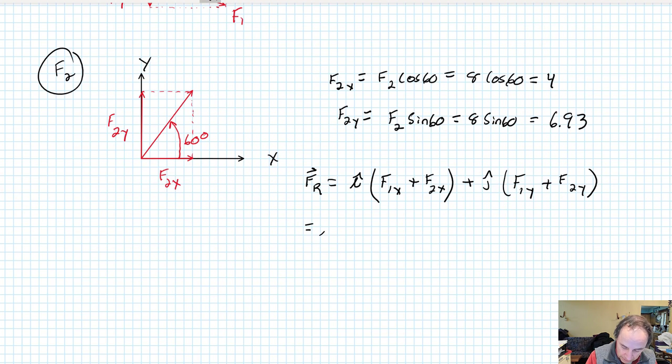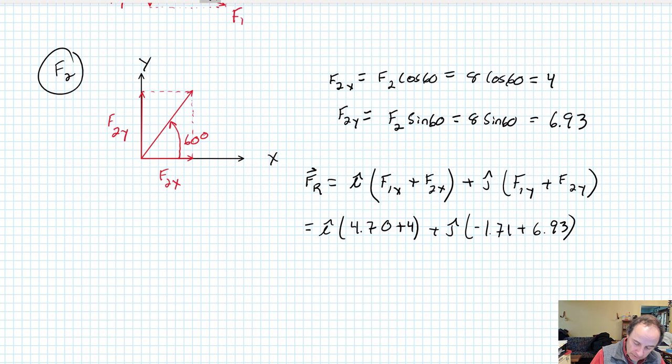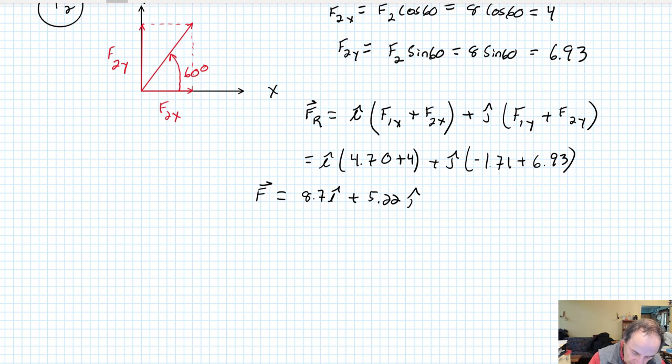And then I've got all those numbers, so I just fill them in: 4.7 plus 4, and negative 1.71 plus 6.93. So F_R, when we add that up, is 8.7 i plus 5.22 j. Okay, that's the vector form of our resultant force.